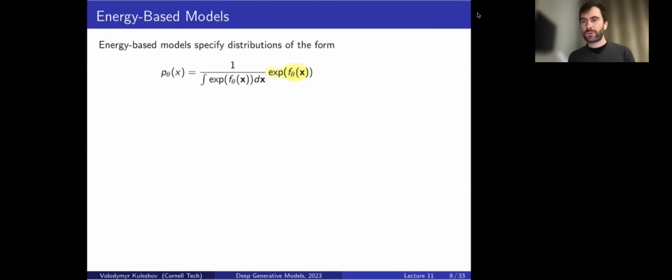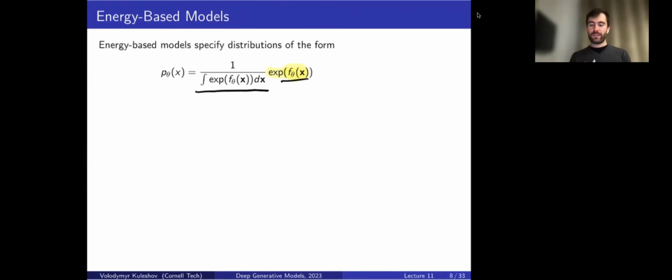However, these scores don't sum to 1, because in an energy-based model, I'm going to choose an arbitrary f of x. I'm not going to try to restrict this to any model family, at least initially. And the way I'm going to enforce that I have a valid probability is that we're going to normalize the function exp of f of x explicitly by adding the full integral over all the possible x's directly into the definition of the model.